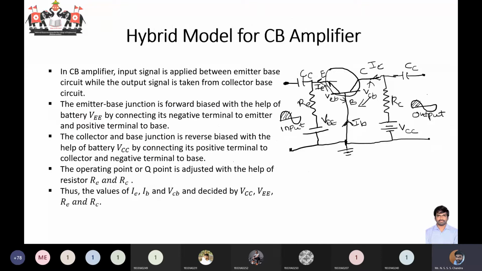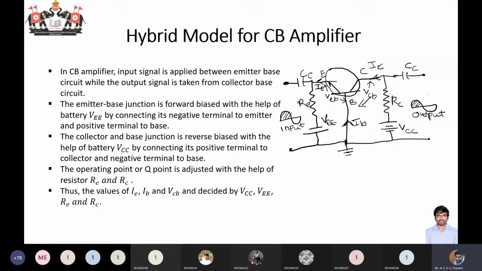Now let us discuss the hybrid model for a CB amplifier. Till now, whatever we discussed in the last class was only about the CE amplifier. Now we'll be discussing the CB amplifier. In the CE amplifier, whenever you give a sinusoidal signal, at the output terminals you get a sinusoidal signal but with a phase shift of 180 degrees, right?